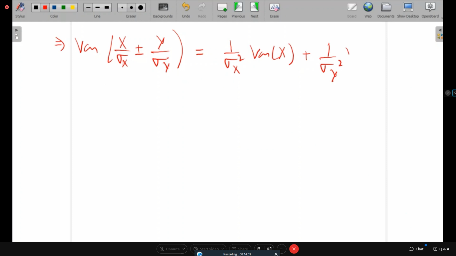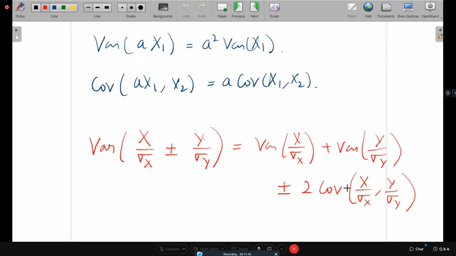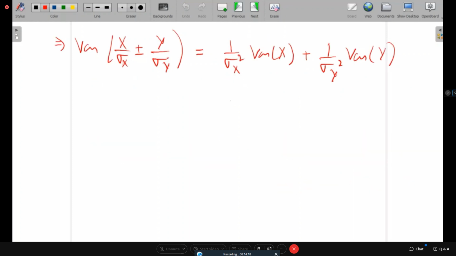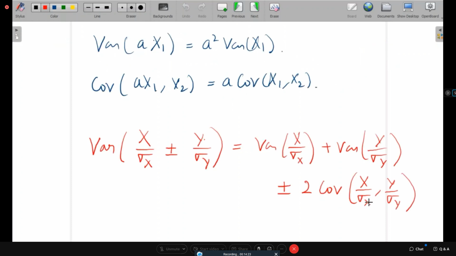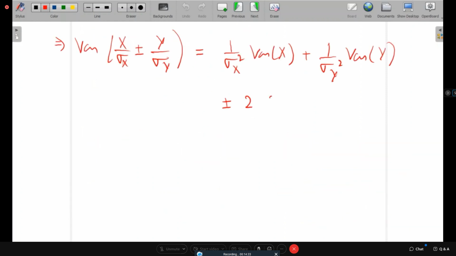I'm just writing additional steps; those who know can skip them. And here it is plus or minus 2, and the 1 by sigma x comes out when you apply this first, and then again for y. So you will have 1 upon sigma x into sigma y, so plus or minus 2 times covariance of x comma y divided by sigma x sigma y.